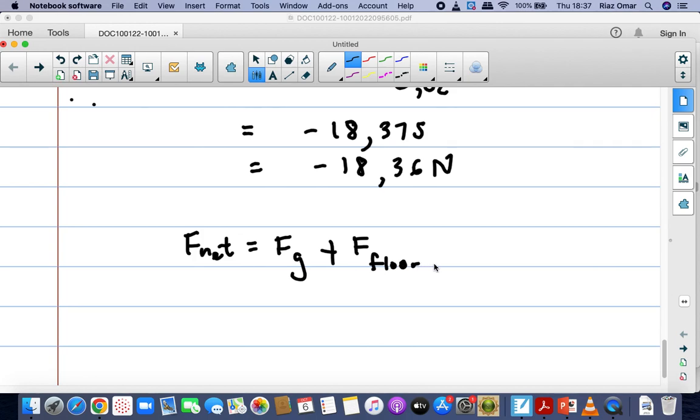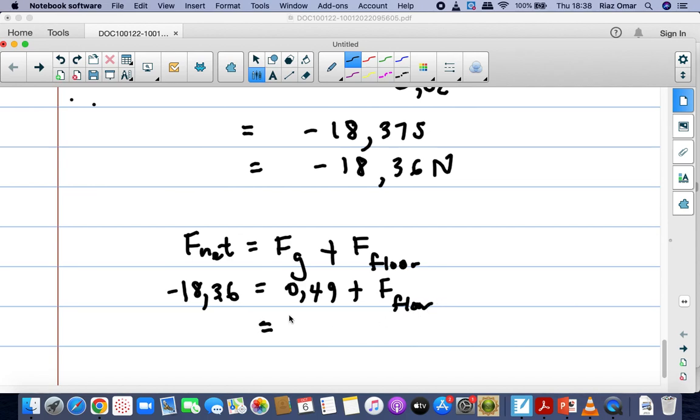So our net force is minus 18,36, which is equal to the force of gravity, which was 0,05 times 9,8, which was 0,49, plus the force of the floor.